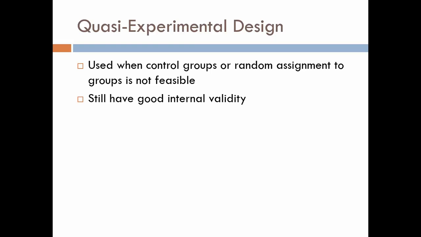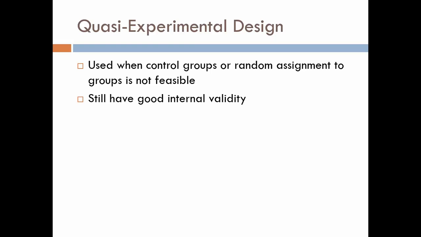So one example of a quasi-experimental design would be, let's say, I read an article about a social work program in North Dakota, and they have an online program, and they were testing how well it was successful in their human behavior and social environment class. Oh, actually, I can't use that example because that's in your activity today. So I just gave that away. Okay, let's do another example.